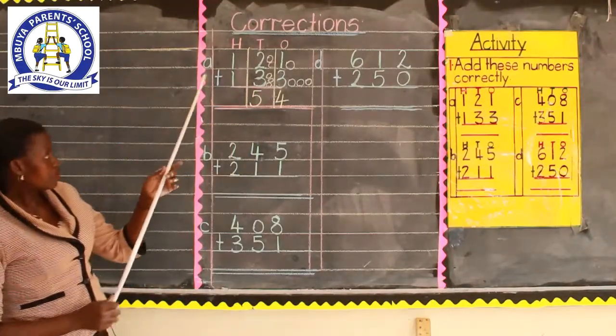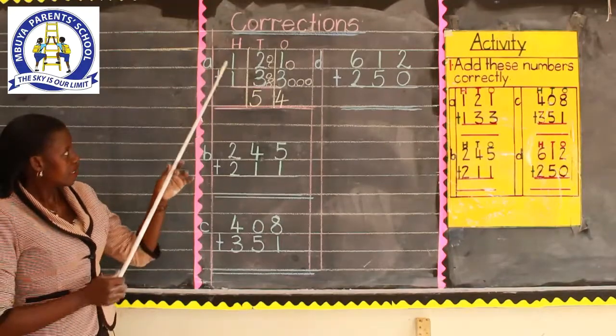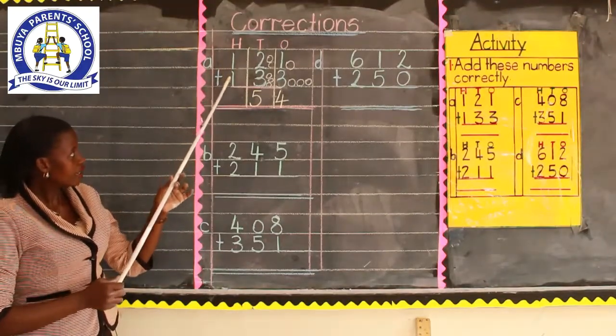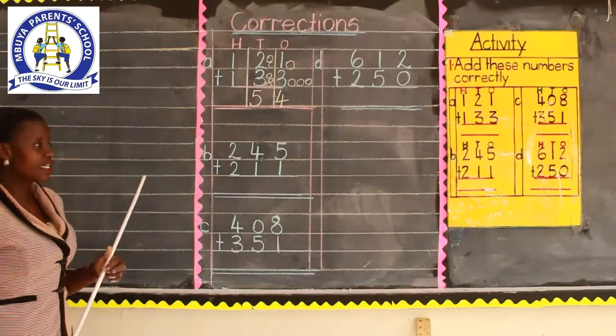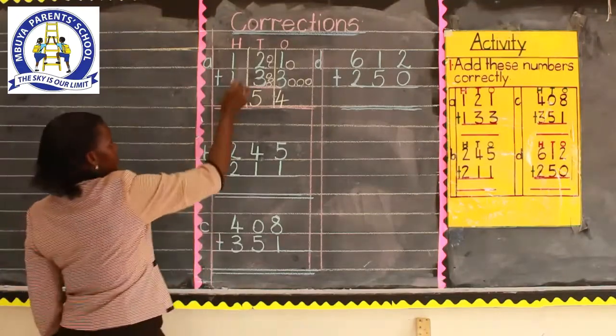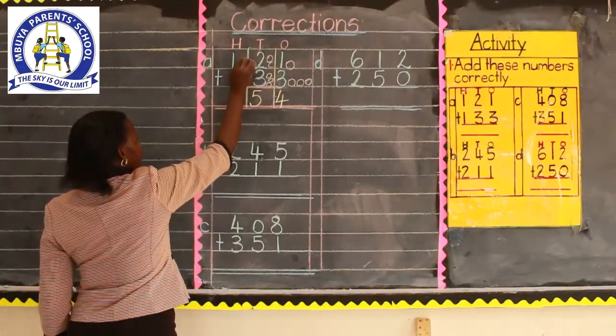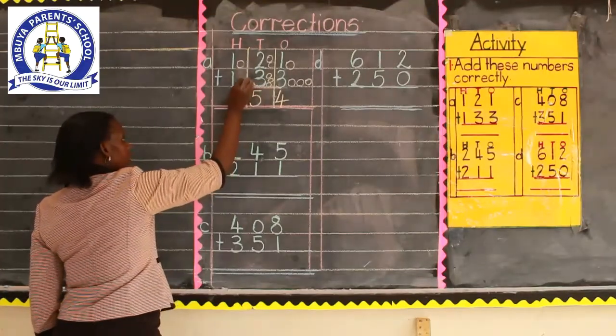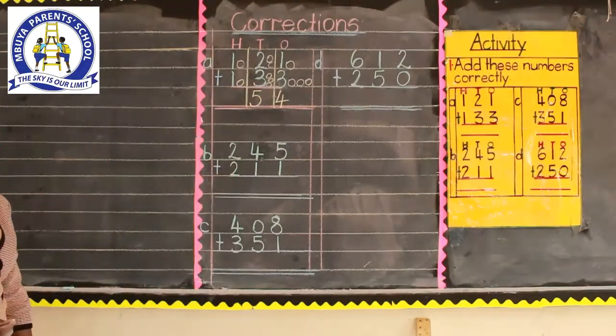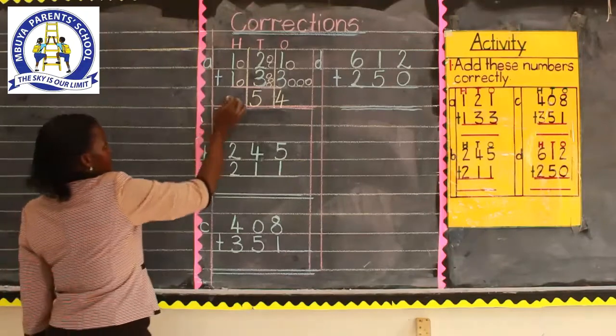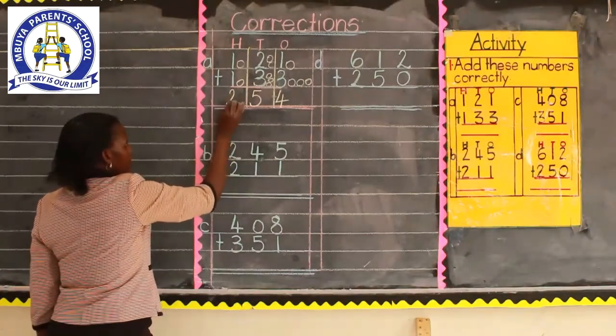Still we have this place value. We have not yet added the figures. Hundreds. Let's also add these ones together. Under hundreds, here we have 1 plus 1. When you count those balls, you find that our answer is 2.